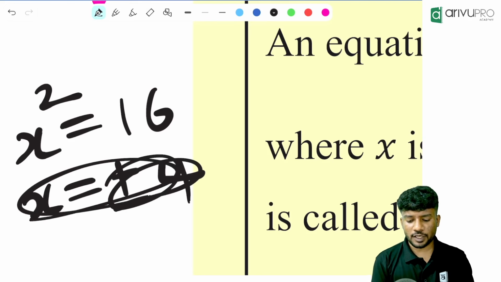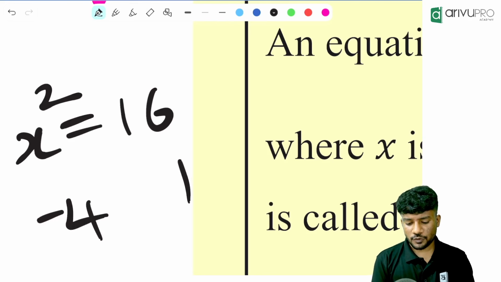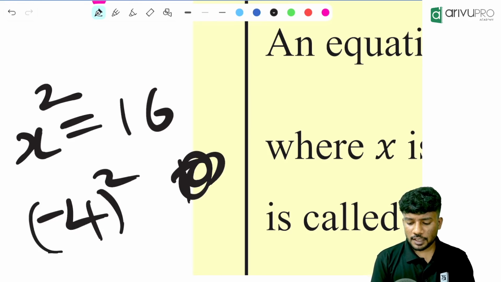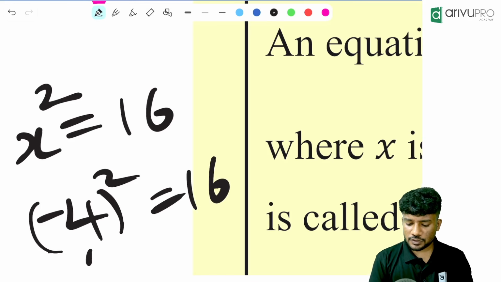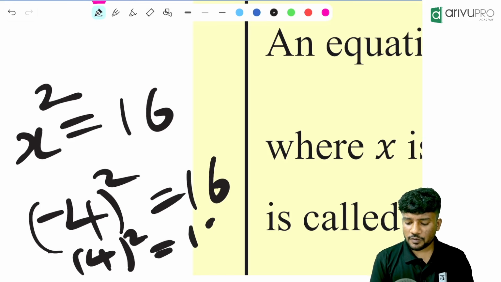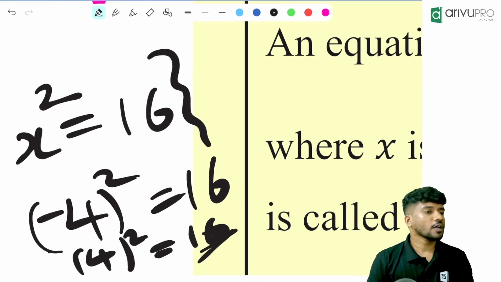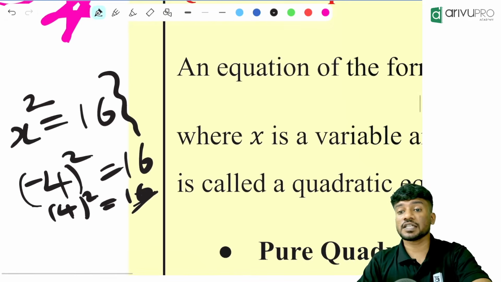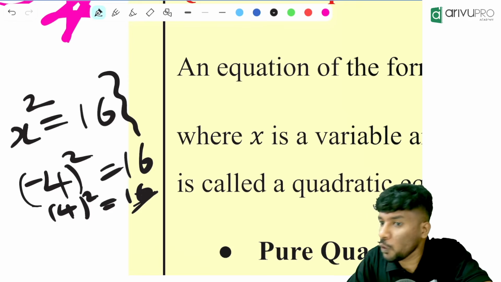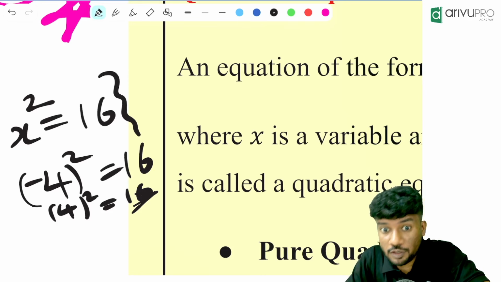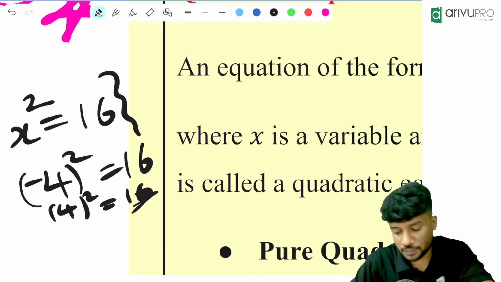Because what is the square of minus 4? Minus 4 square is also 16. 4 square is also 16. So 2 possible values are there. Keep it in your mind. Square root of 16 will give you 2 possible values, that is plus 4 or minus 4. Keep it in your mind. It will help you out in the future.